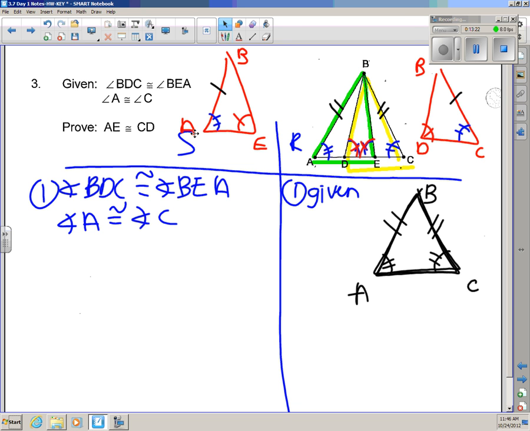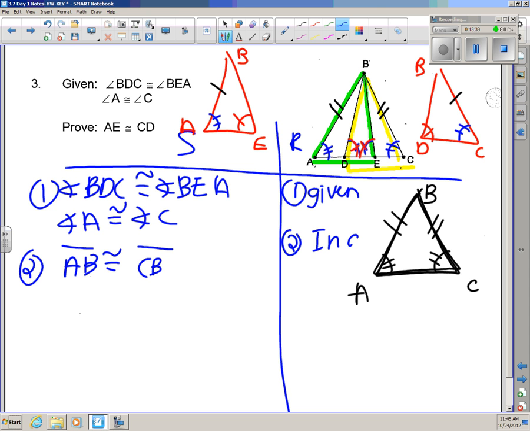So I'm going to have to write this down. I'm going to say, okay, well, line segment AB is congruent to line segment BC, or CB if I did this correctly, and then here's what I'm going to write. In a triangle, angles, that's not true of sides.